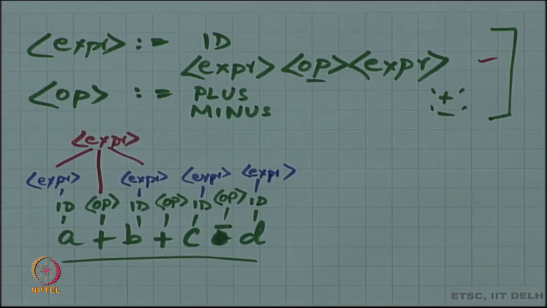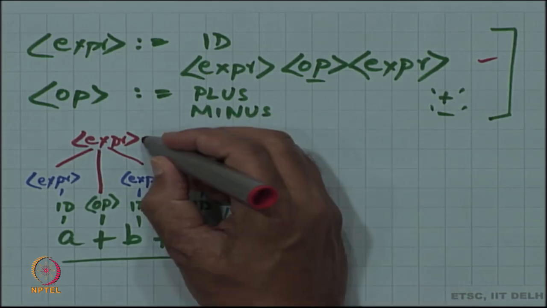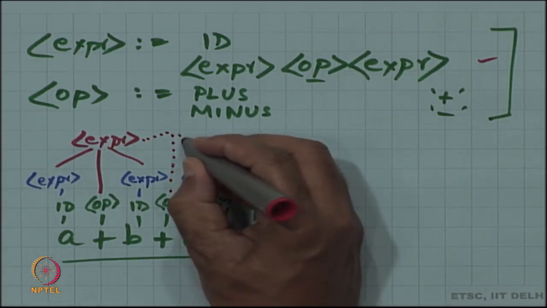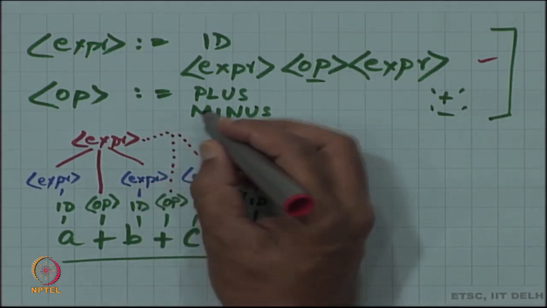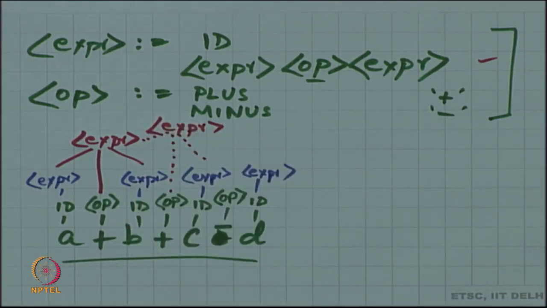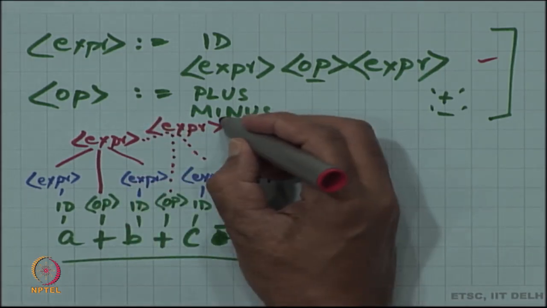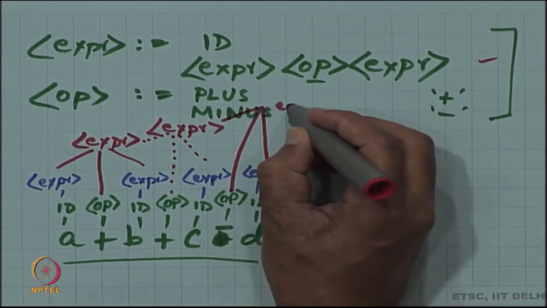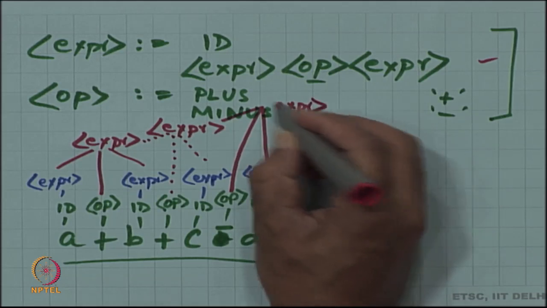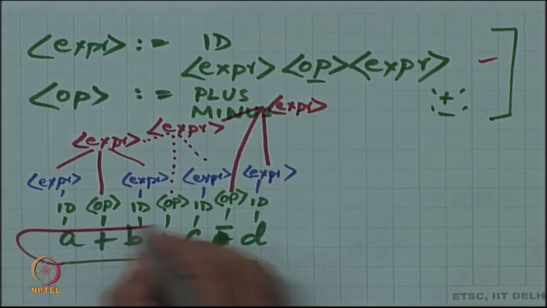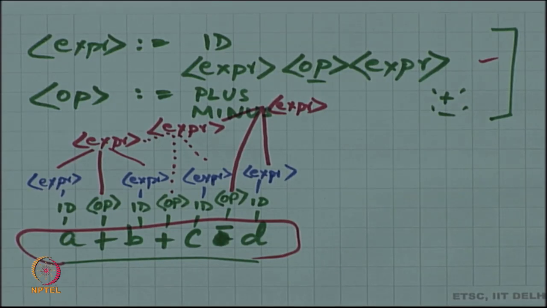So far we are proceeding just left to right. After that I have that operator and I have this expression. These could be matched to generate a new expression. And finally, this and this could be matched to finish the expression. And in the process what I have done is there was a complex specification of an expression.